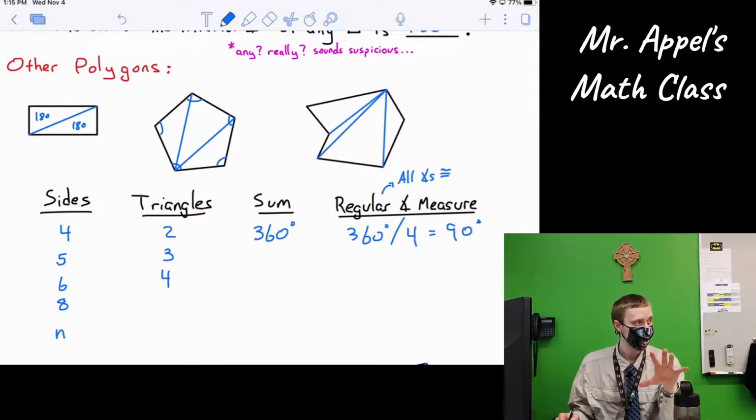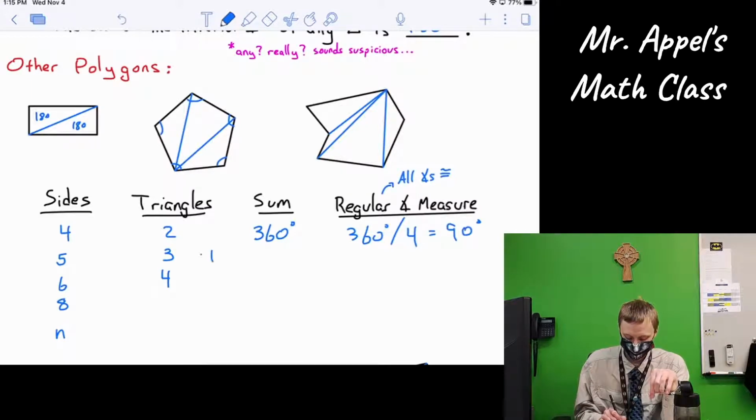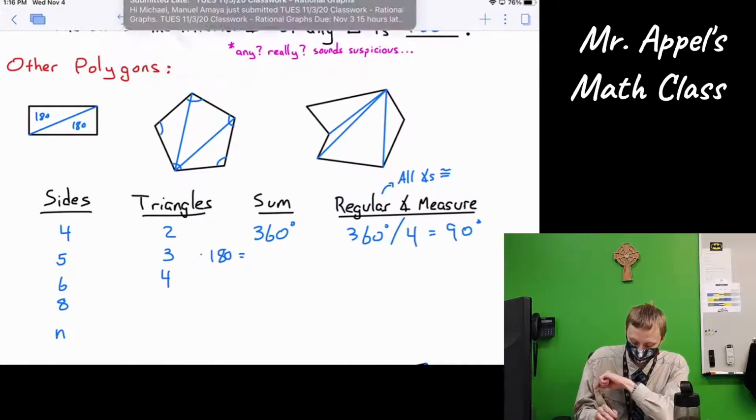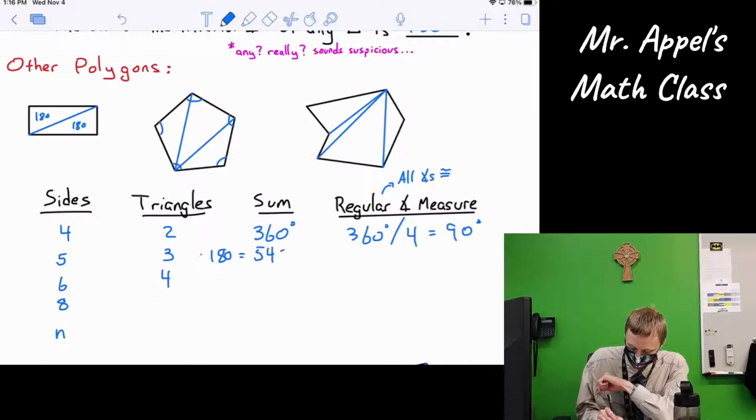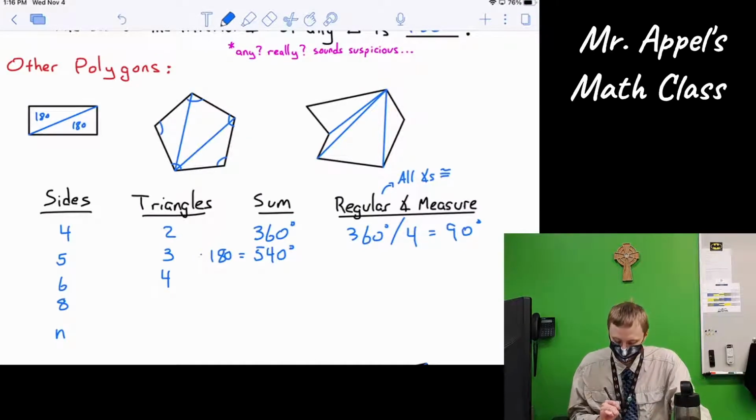how many? What is 3 times 180? Ooh, Ariel's got it. 540, thank you. 540 degrees.